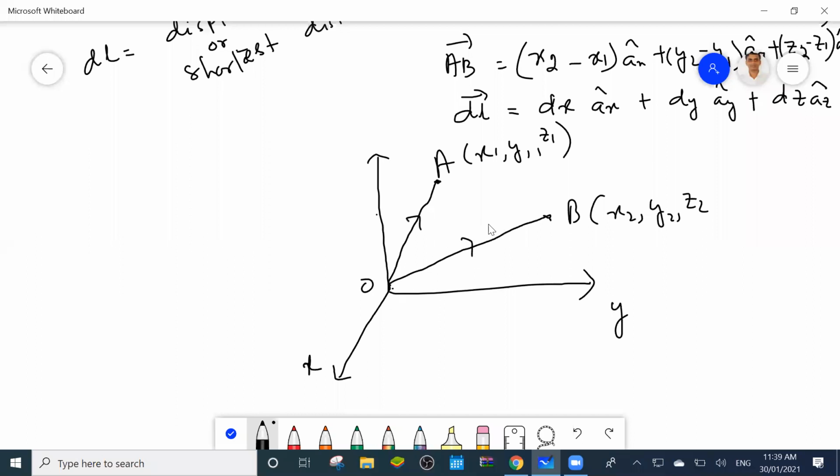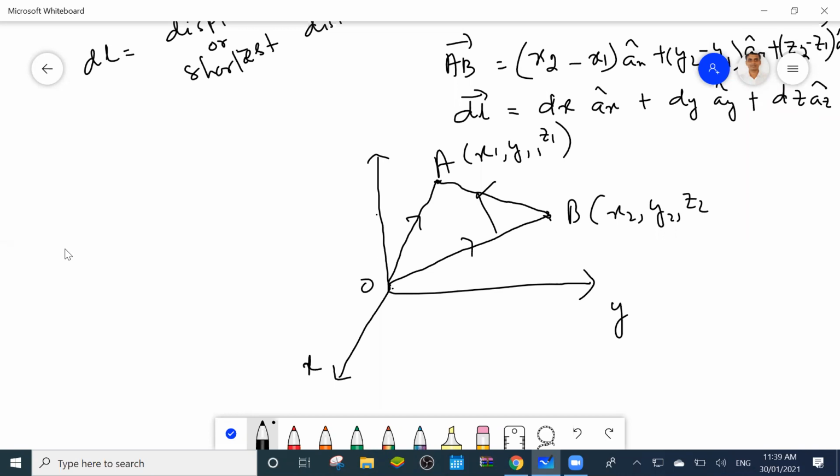Now suppose the vector is from B to A, which is OA minus OB. Suppose this direction is given. Can you find it or not?